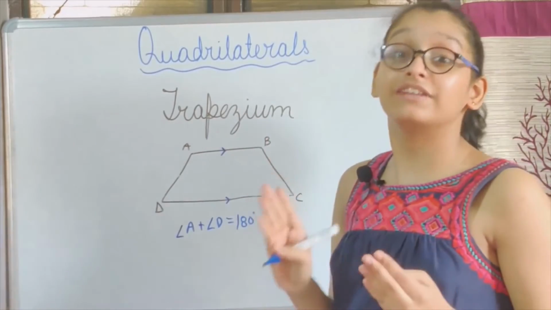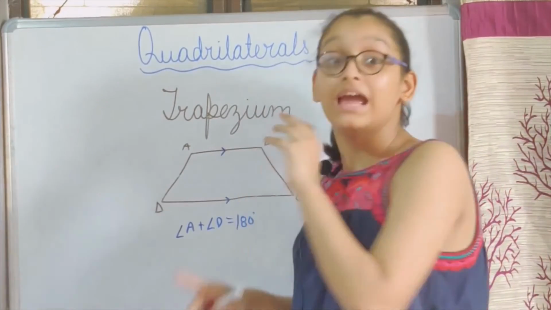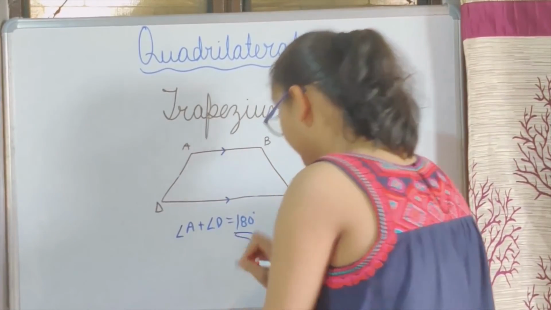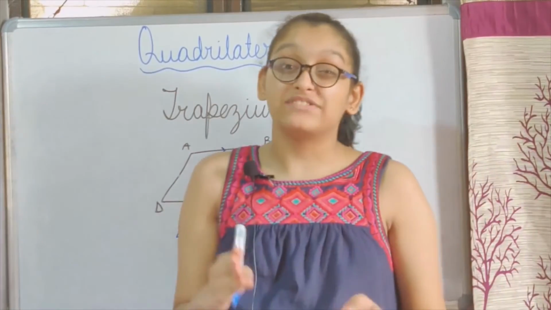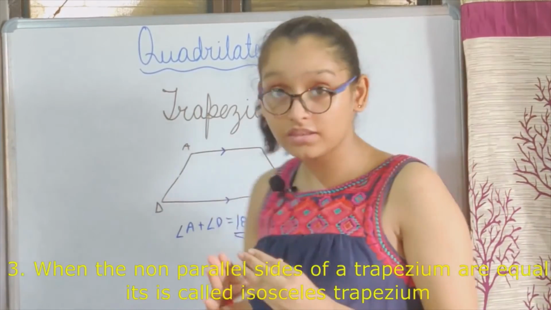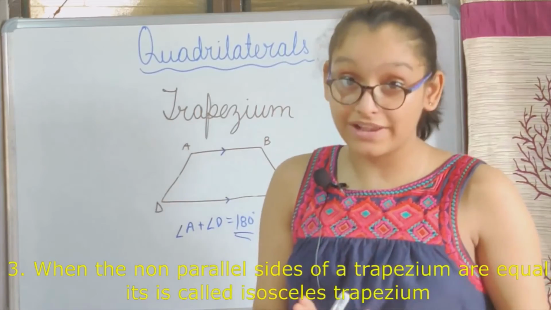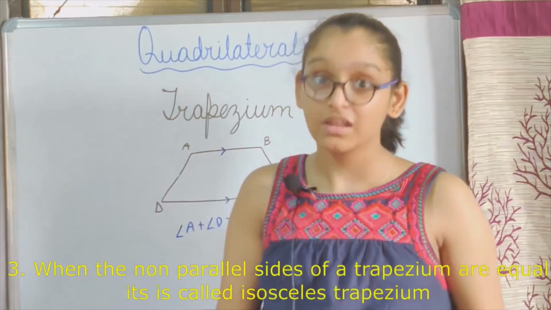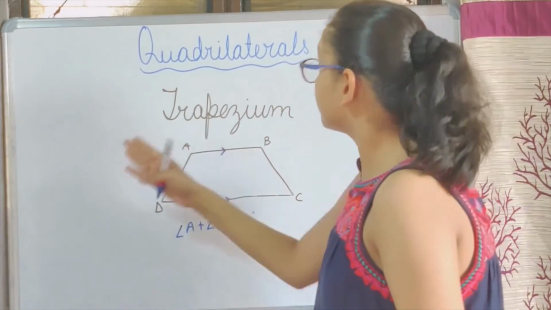Similarly, if we add angle B and angle C, the sum would be 180 degrees. The last property of trapezium is that if the non-parallel sides of a trapezium are equal, the trapezium is called an isosceles trapezium. So these were the properties of trapezium.